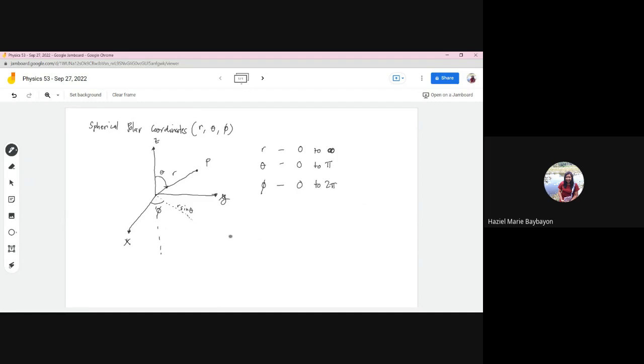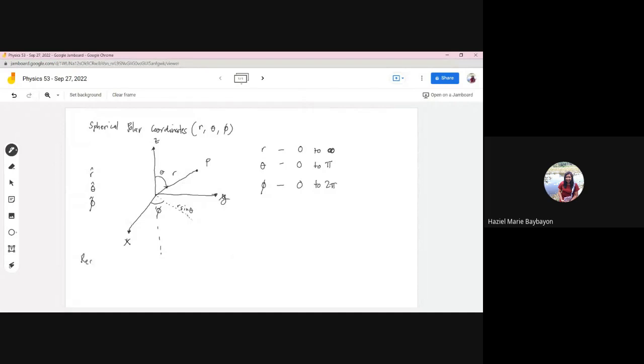Now, you have to take note that the three unit vectors are r hat, theta hat, and phi hat. They are not constant unit vectors.